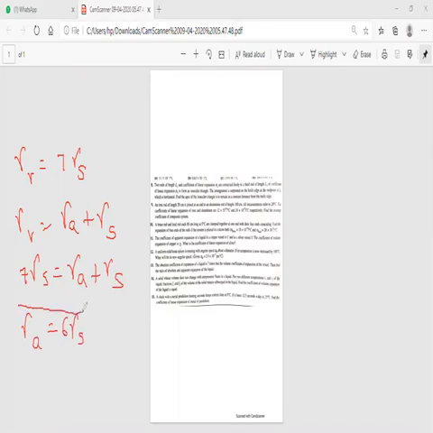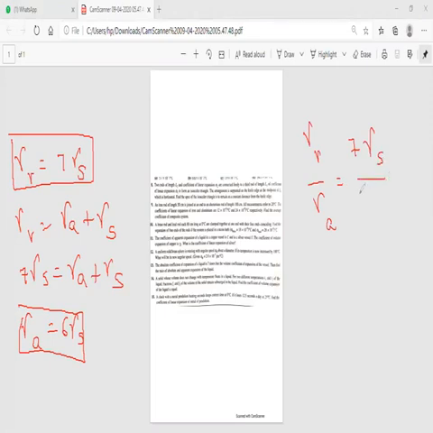So apparent expansion is 6 gamma s and real expansion is 7 gamma s. And they are asking in the question the ratio of absolute, that is real expansion, by apparent expansion. So what will be the real expansion? 7 gamma s by apparent expansion 6 gamma s.